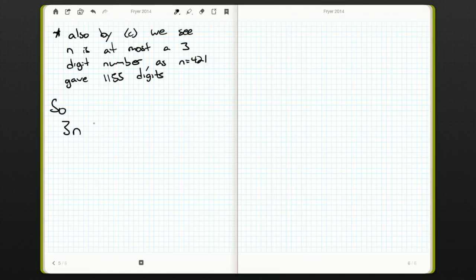So we get 3n is going to be less than 1358 minus 9 minus 180 plus 297. That's going to be 1466.